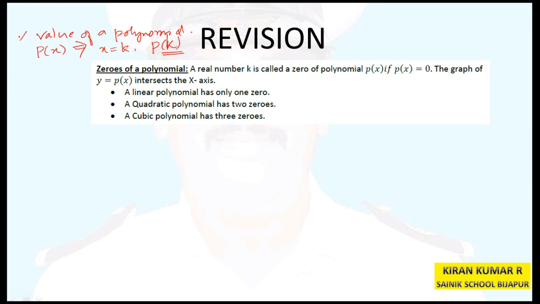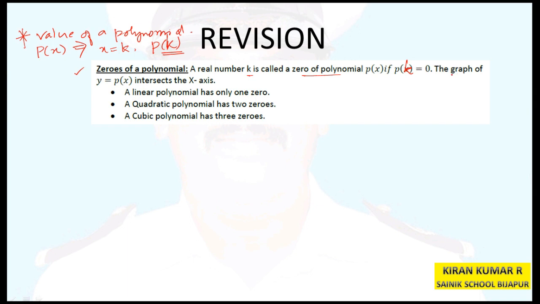With this concept, we had defined zeros of a polynomial. A real number k is said to be a zero of a polynomial if p of k equals 0. If you substitute the value of x as k and you get the value 0, then k is a solution or zero of the polynomial.